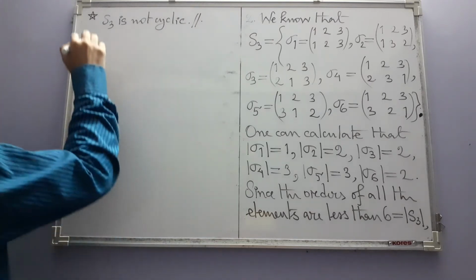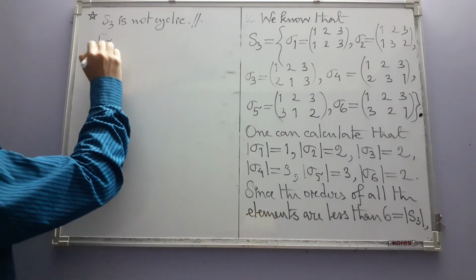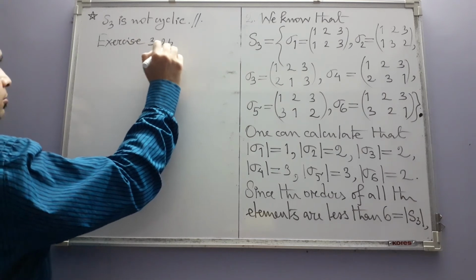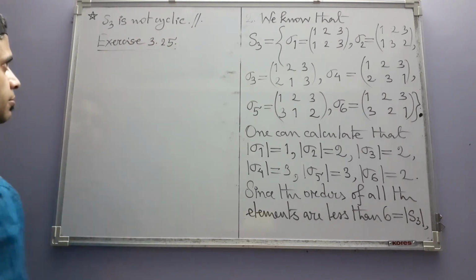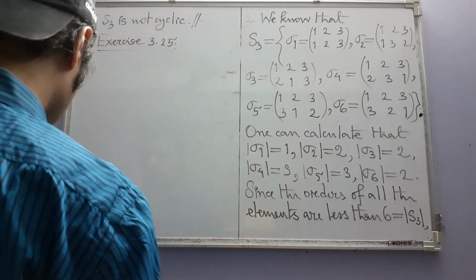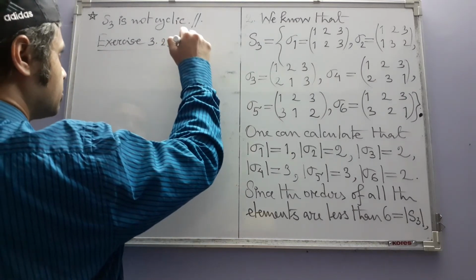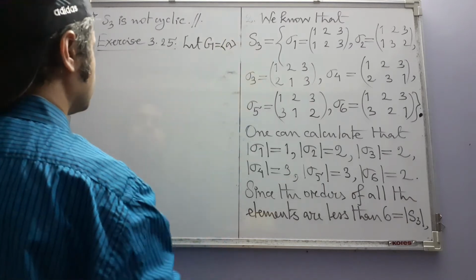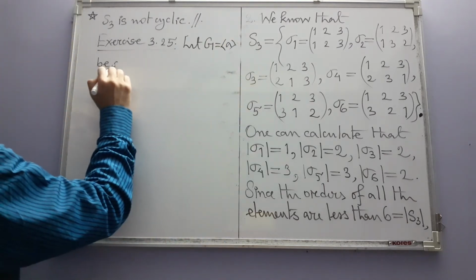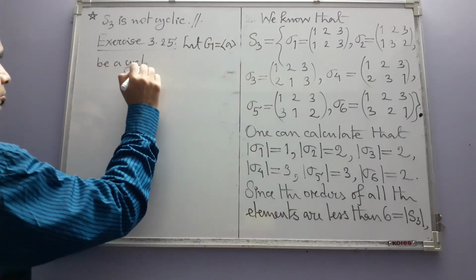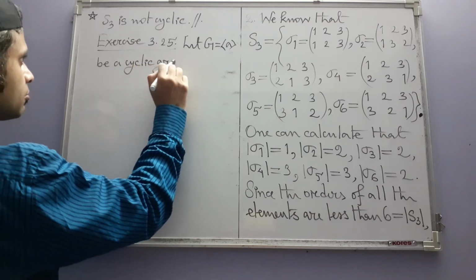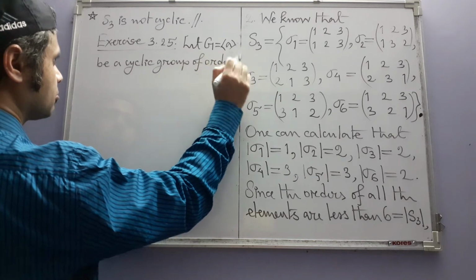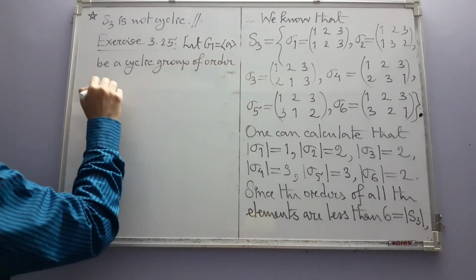Next, let G be a cyclic group of order 20.